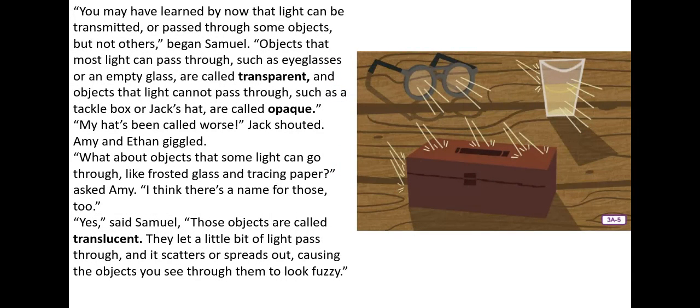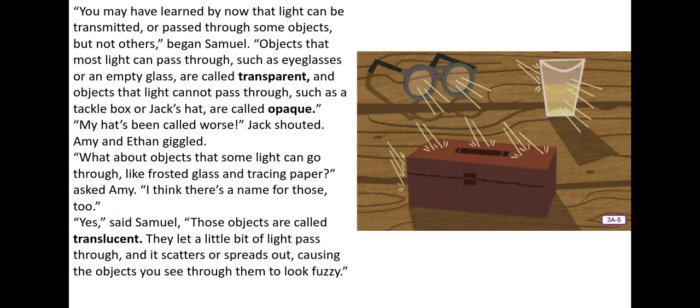"You may have learned by now that light can be transmitted or passed through some objects but not others," began Samuel. "Objects that most light can pass through, such as eyeglasses or an empty glass, are called transparent, and objects that light cannot pass through, such as a tackle box or Jack's hat, are called opaque." "My hat's been called worse," Jack shouted.